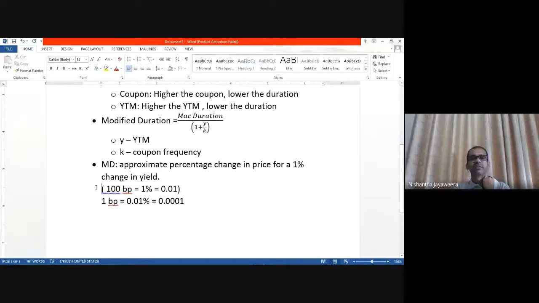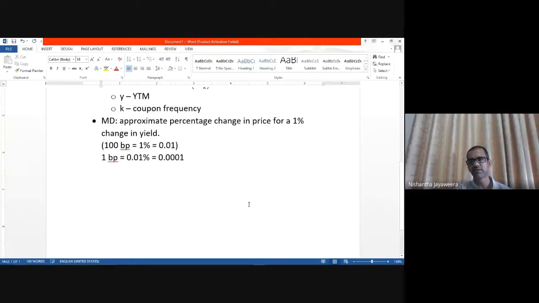So this is another jargon that we use in the markets: basis points. Interest rates are quoted in terms of basis points instead of percentages. So you may say 50 basis points. What does it mean? 50 basis points means 0.5%. 100 basis points means 1%, so 50 basis points is half of it, 0.5%. 25 basis points means 0.25%. 10 basis points means 0.1%.